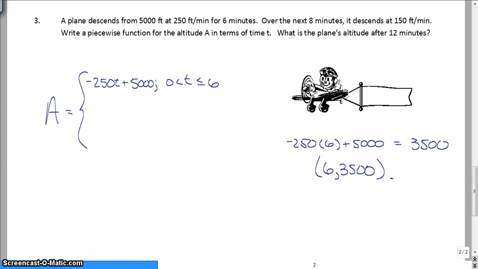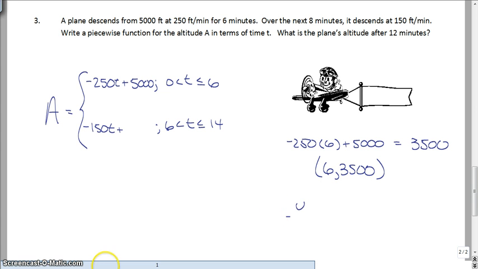Do not confuse that with a starting point of 3,500 for the second part. So what we need to do is read the next part. For the next 8 minutes, so from 6 to 14 minutes, we have a new slope of negative 150 feet per minute plus, now the 3,500 does not go there. This is (6, 3,500), not (0, 3,500).